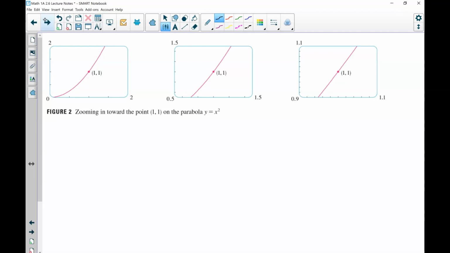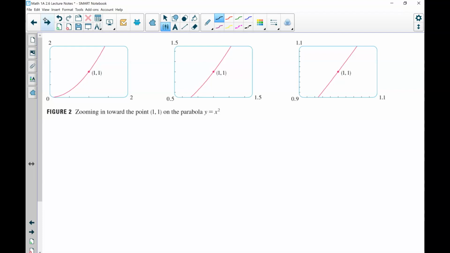All right, next. Now, we sometimes refer to the slope of the tangent line to a curve at the point as the slope of the curve at the point. And the idea is that if we zoom in far enough toward the point, the curve almost looks like a straight line. If you look at these three figures here, they illustrate this procedure for the curve y equals x squared, which is what we did in example 1.